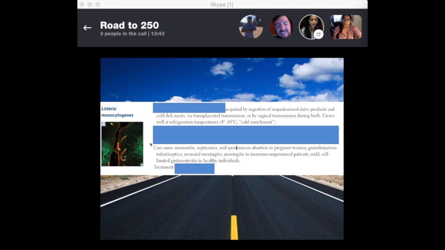And is this a catalase positive or a catalase negative bug? So this one's catalase positive, and it's also oxidase negative. And for hemolysin, does anybody know whether it's alpha, beta, or gamma hemolysin?